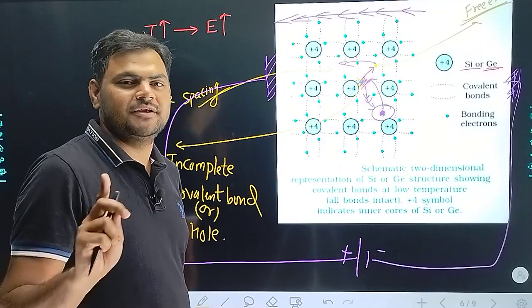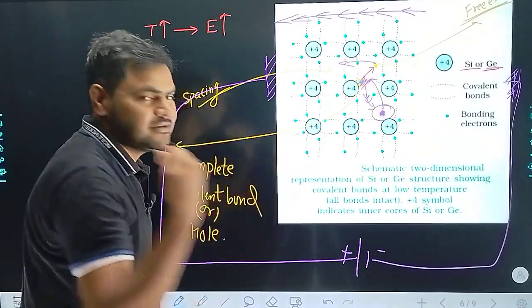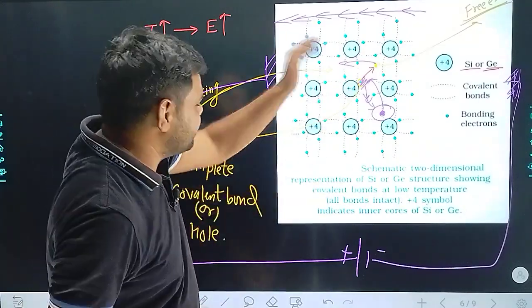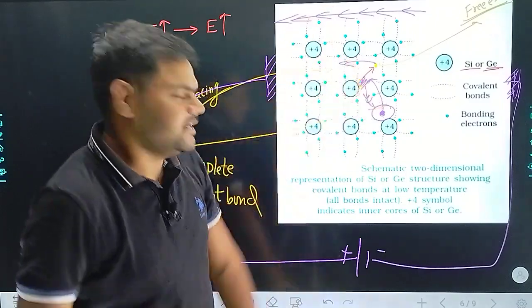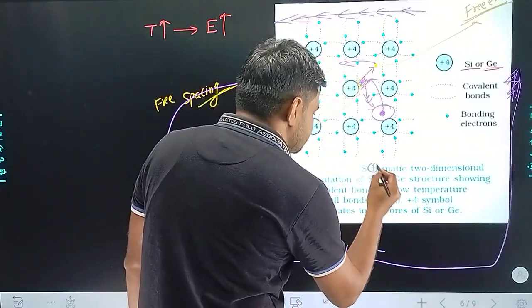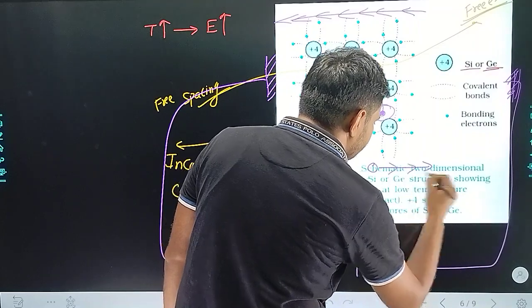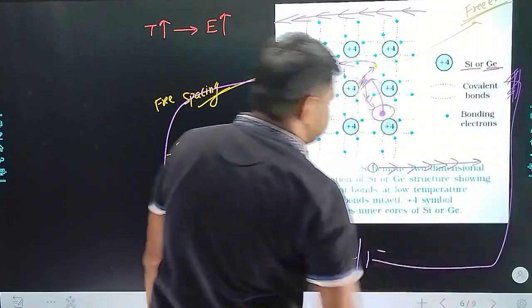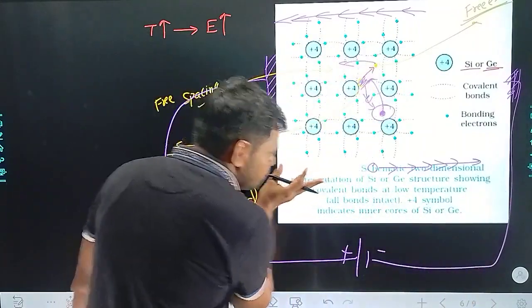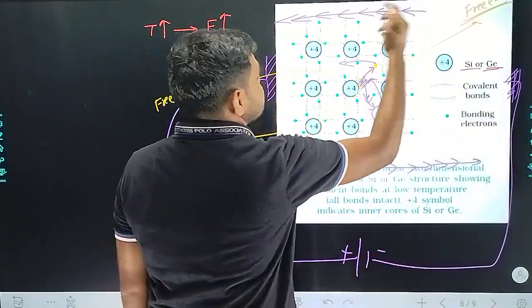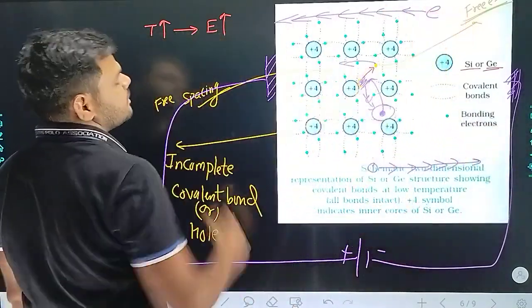This is exactly what is happening, but what we interpret is that the hole moves to that side. So we say when supply is connected, holes move from positive to negative terminal. Electrons move from negative to positive terminal.